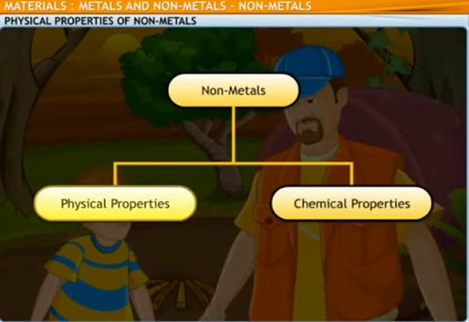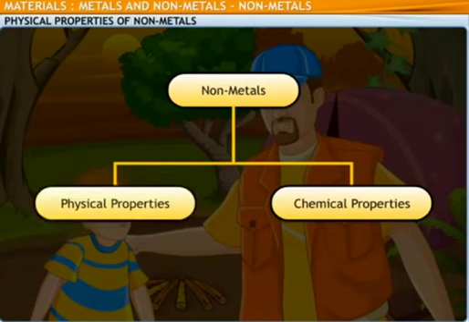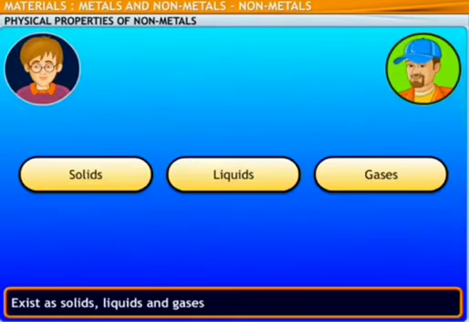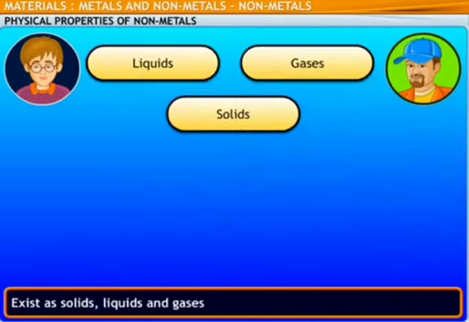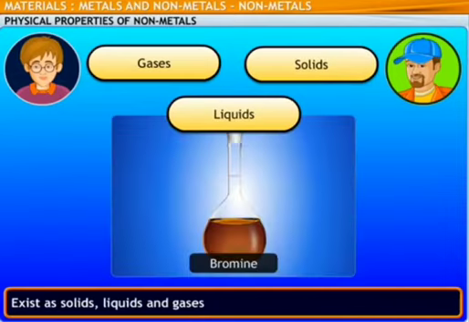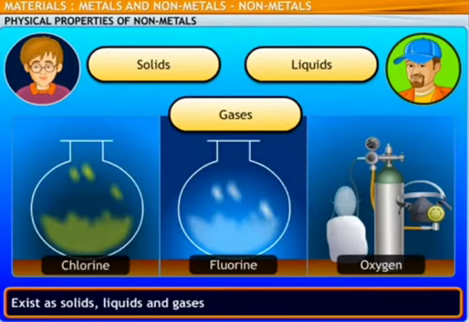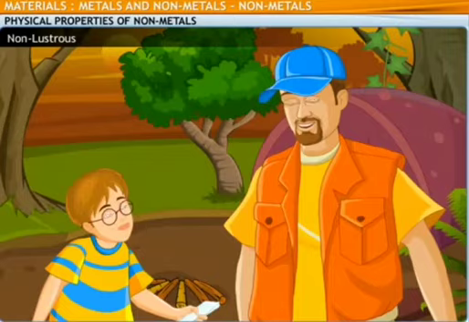The physical properties are more readily observable in our daily life. Non-metals exist in all the three states: solids, liquids, and gases. For example, silicon and carbon are solids. Bromine is a liquid. Chlorine, fluorine, and oxygen are gases.